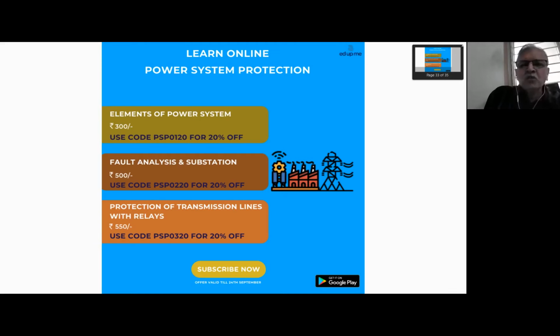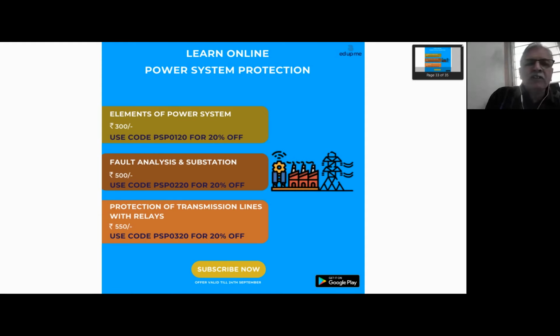Distance one should not prefer, but the carrier aided distance is available, which is using line differential principle and distance principle both, because it gives an advantage of backup also. So one should better use carrier aided distance protection. Overcurrent protection can be used as a backup, but the differential protection scheme is the best.